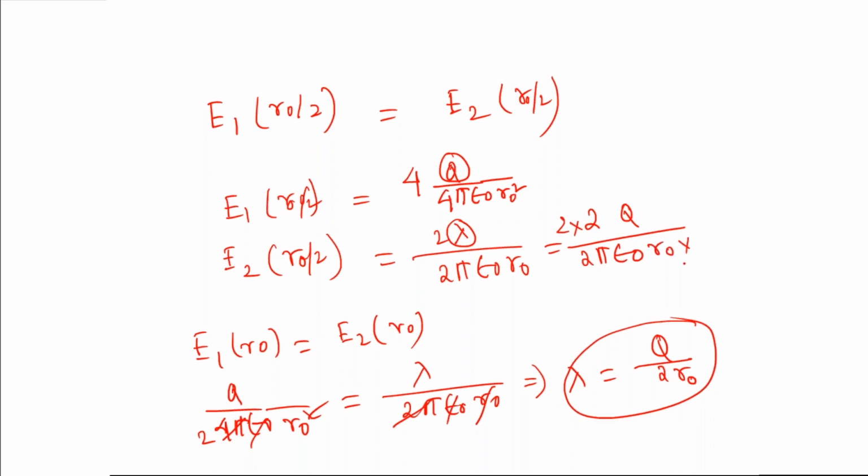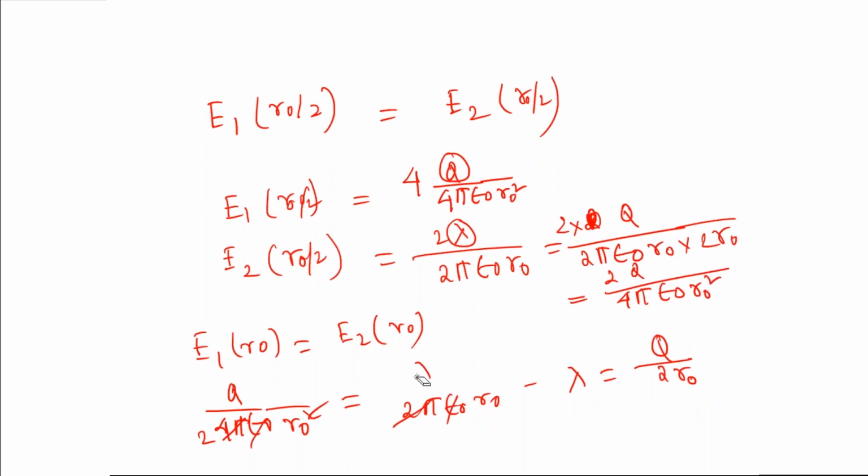Now we will get a relationship between these two. Let us see what the relationship is. E1 at R0 by 2, this is the value.